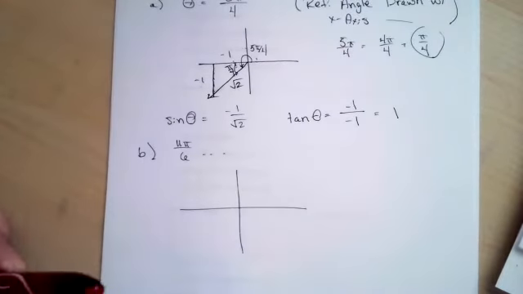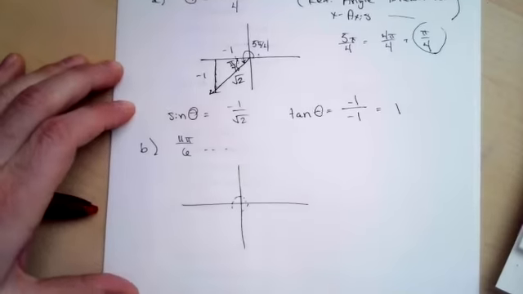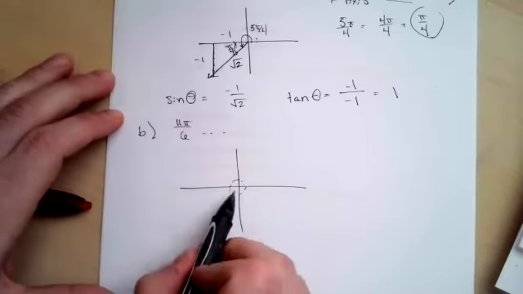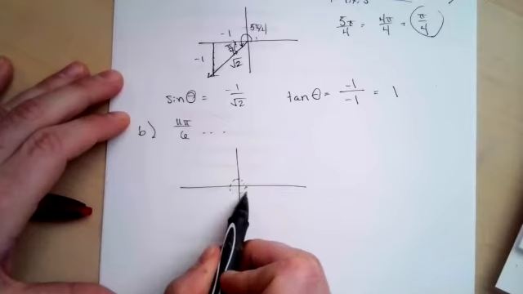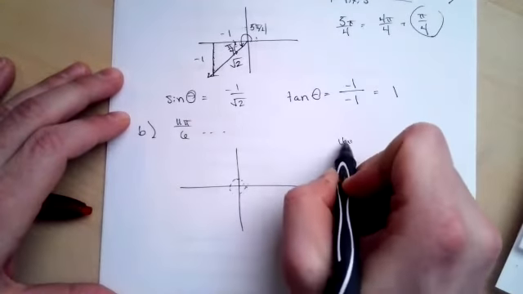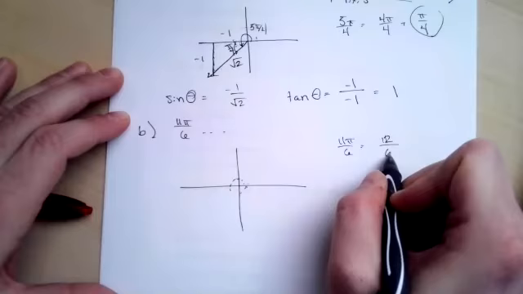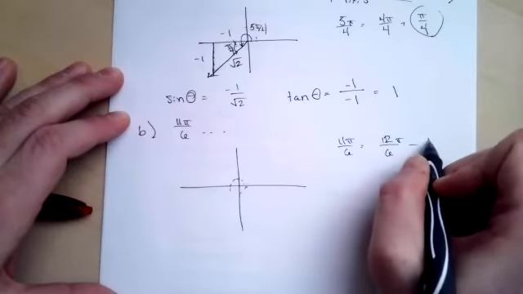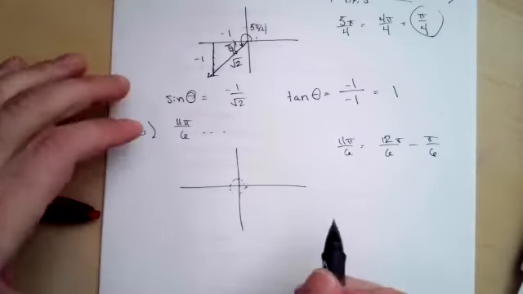Well, 12 pi over 6 is all the way around, a full 360, a full 2 pi circle, but that's too far. We need to go back one. So 11 pi over 6, we can go all the way around the circle and then just go back a small distance of pi over 6 in terms of our angle.